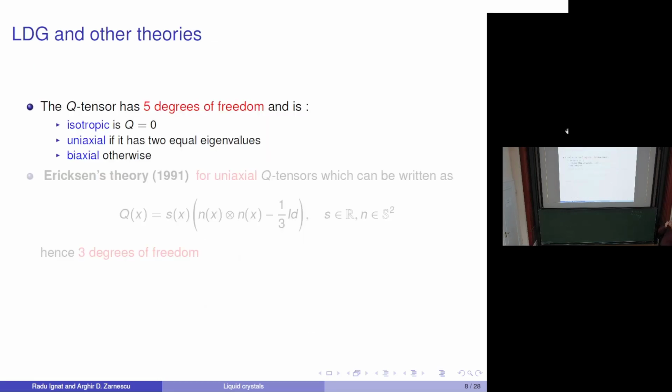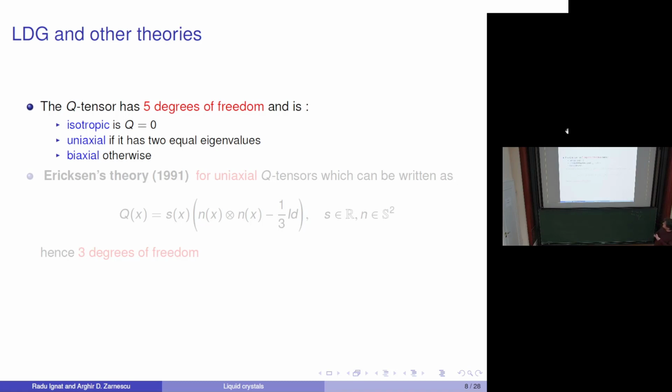Now there are several theories that attempt to present various levels of description of liquid crystals. This is one of them, which we call the LDG, Landau-de Gennes, and it attempts to describe this local orientation of the molecules through the Q-tensor. The Q-tensor is a 3x3 matrix, so that's 9 components, and then it's symmetric, so it just has 6 independent components.